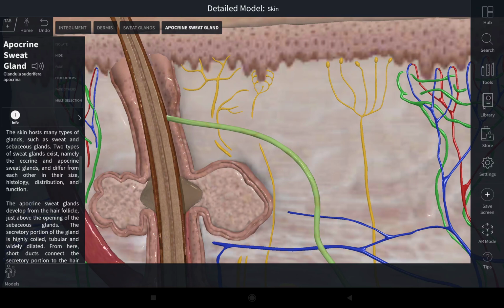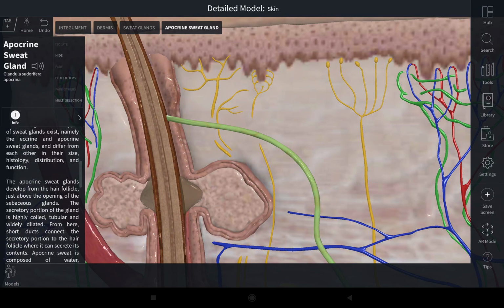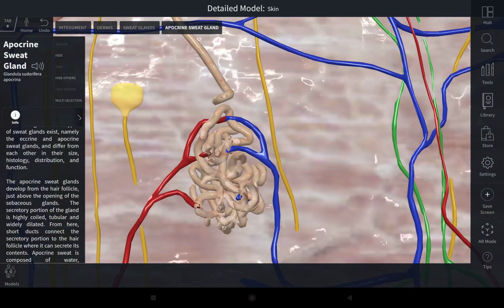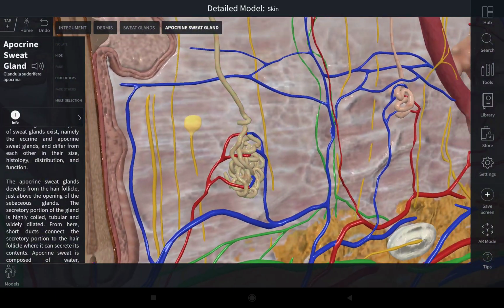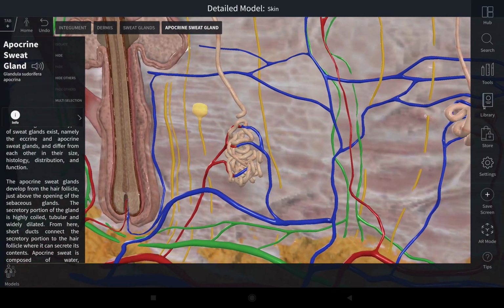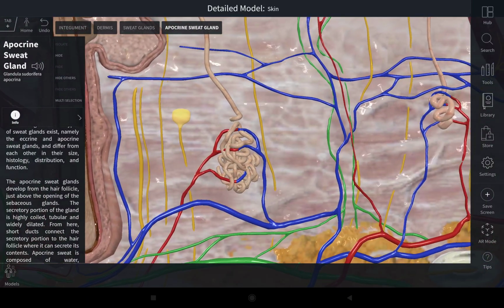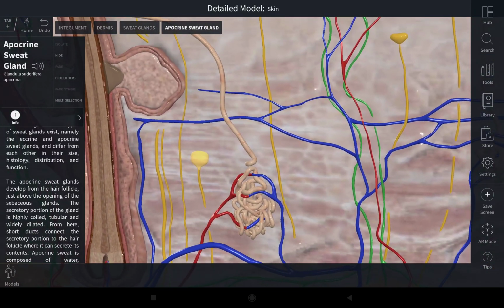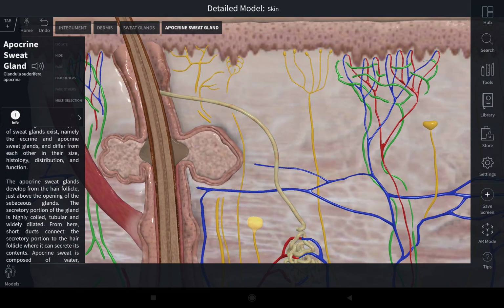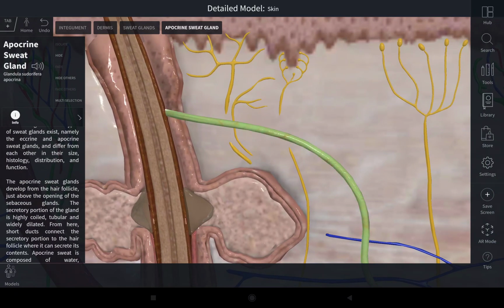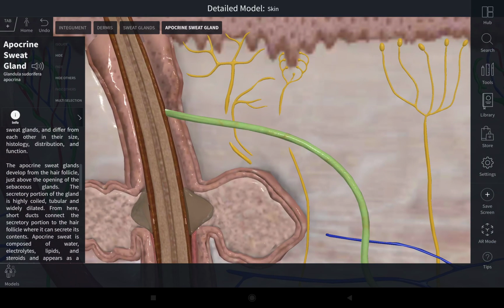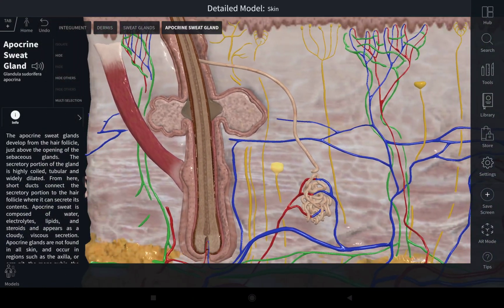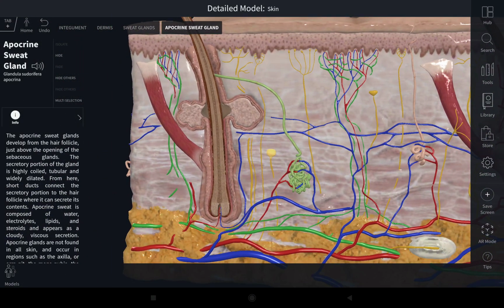The secretory portion of the gland is highly coiled, tubular and widely dilated. From here, short ducts connect the secretory portion to the hair follicle, where it can secrete its contents. Apocrine sweat is composed of water, electrolytes, lipids, and steroids.